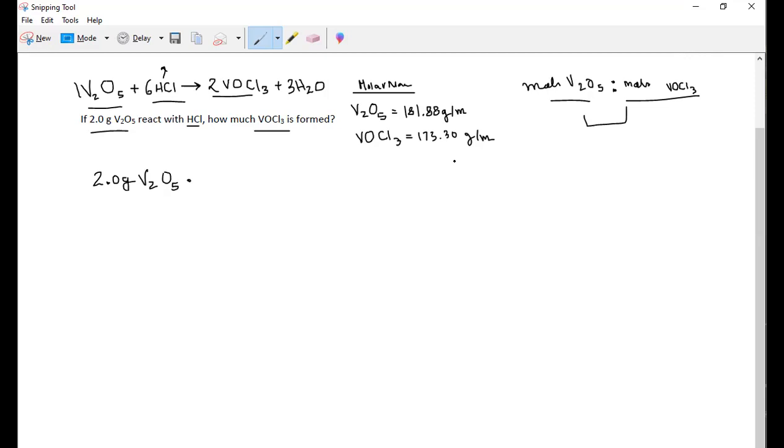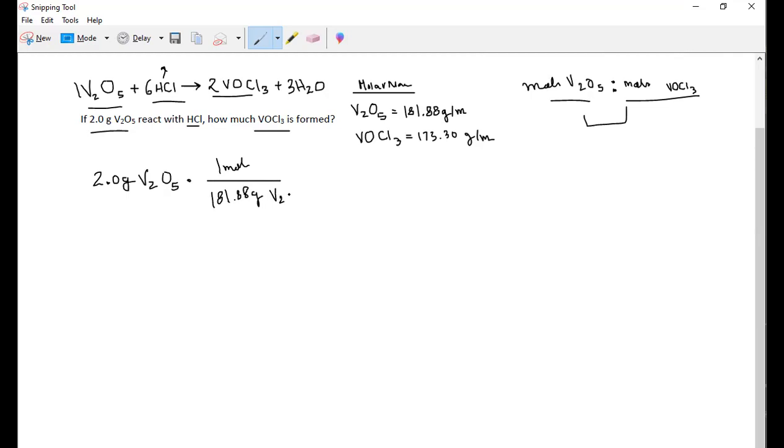And the molar mass of V2O5, if you were to go through the periodic table and take 2 vanadium atoms and add that to 5 oxygen atoms, adding their atomic weights, times 5, times 2, and whatnot. But when you do that, you get 181.88 grams per mole. So 181.88 grams is 1 mole of V2O5.